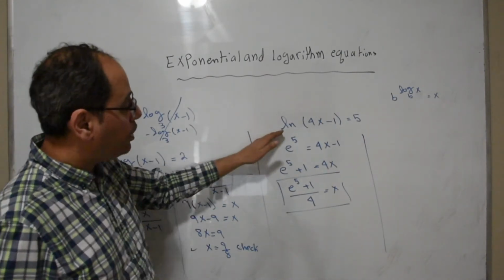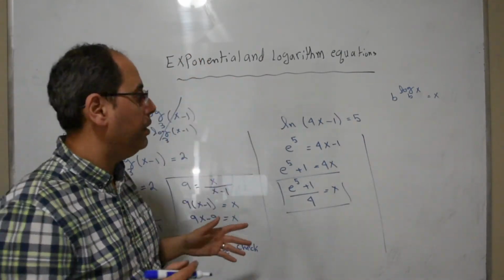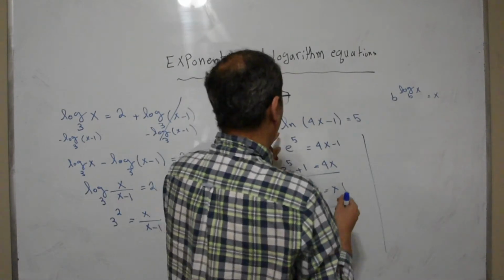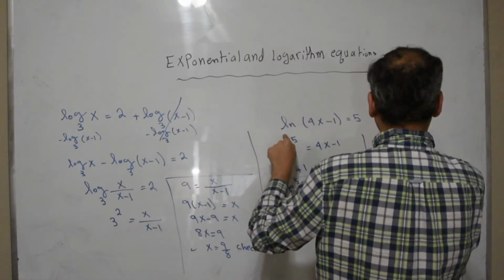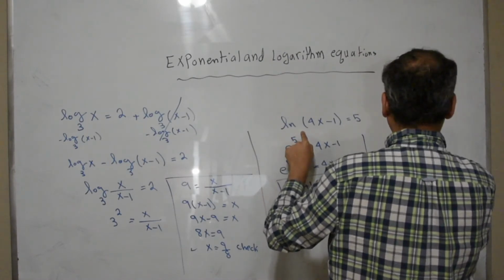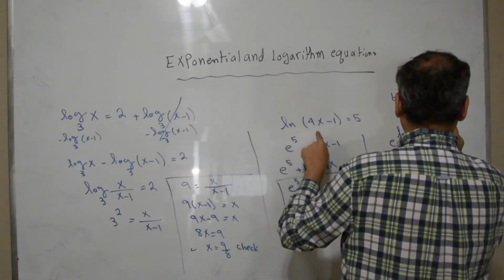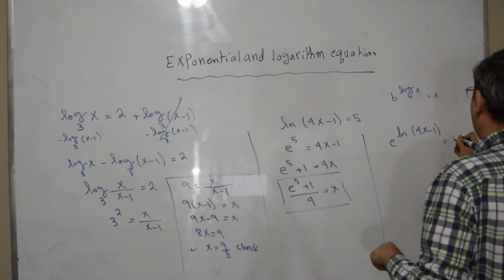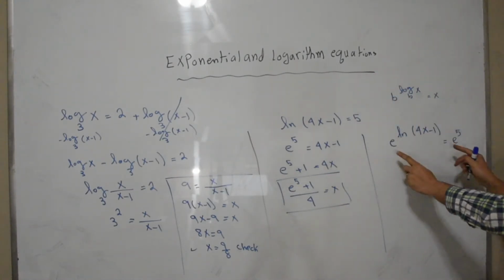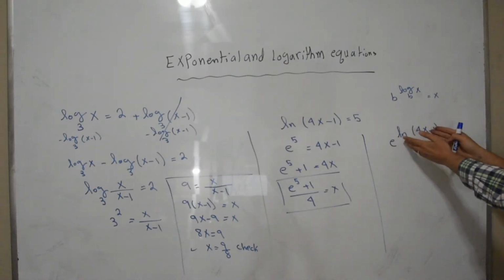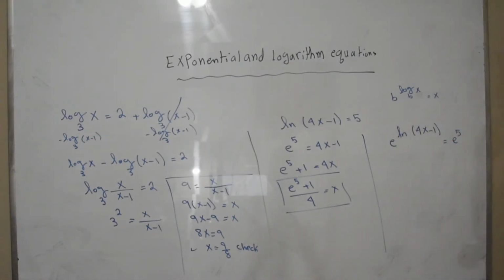The other way is to raise both sides to e. When I raise it to e, e to the natural log of 4x minus 1 equals e to the fifth. Do you see what I did? I raised everything to the exponential with base e.